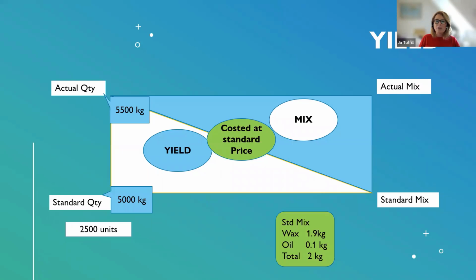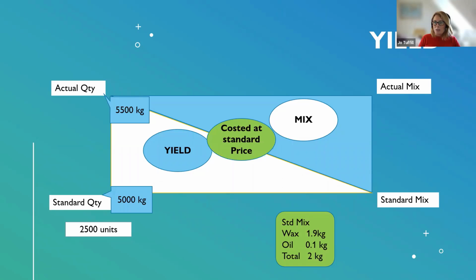So let's now have a look at the yield variance. So now we're costing up what's going on the bottom of my rectangle, the bottom triangle. Remember, the actual quantity was 5,500. The standard quantity was 5,000 kilograms, and that was for 2,500 units.